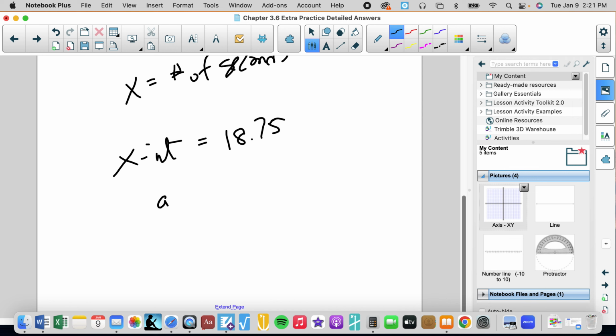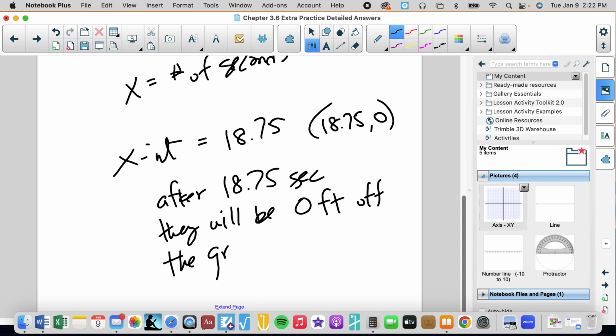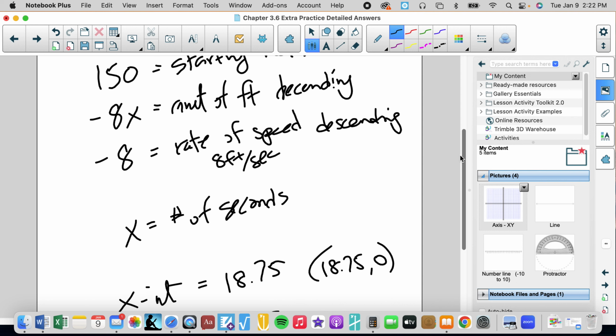That is, because that point is 18.75 comma 0, after 18.75 seconds, they will be 0 feet off the ground. Great question. Really good comprehension here in understanding the problem. And notice it's negative 8 feet per second because you're going down.